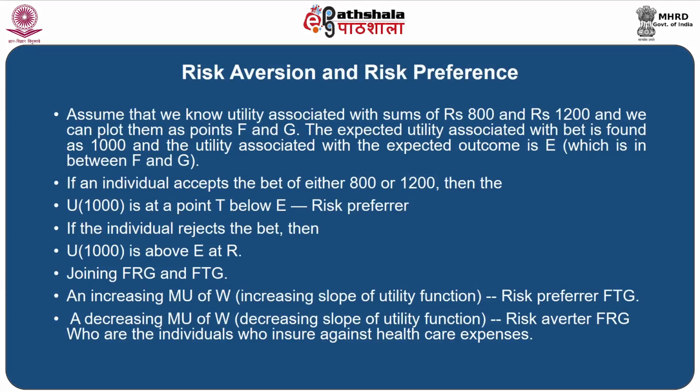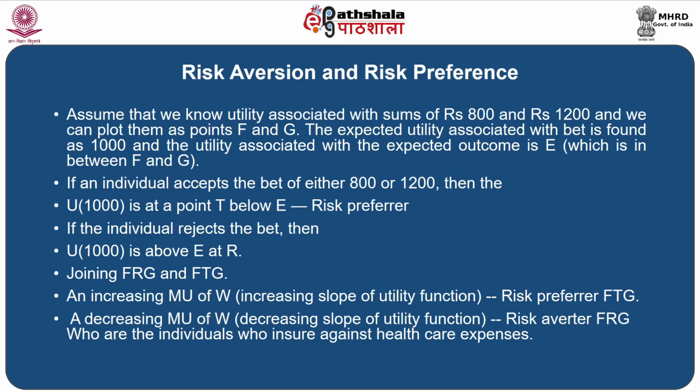Assume that we know utility associated with the sums of 800 and 1200, and we can plot them as points F and G explained in the figure. The expected value associated with the bet is 1000 rupees, and the utility associated with the expected outcome is E, which is in between F and G points. If an individual accepts the bet of either 800 or 1200, then the utility of 1000 is at point T below E, which is a risk preferer.